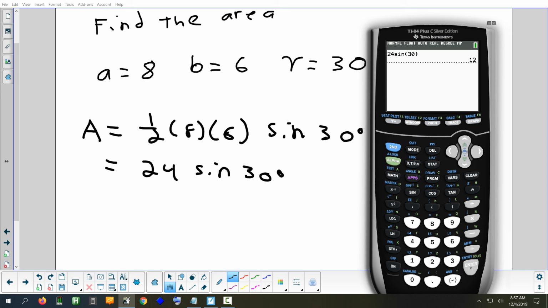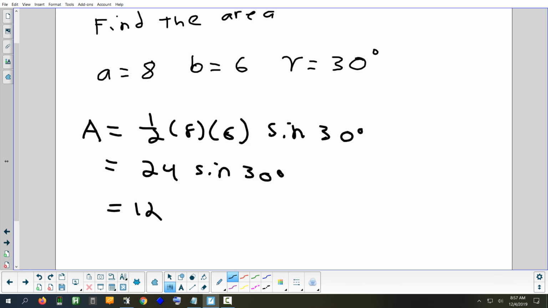Okay. Most of the time, the answer is not going to come out nice if you just pick a random angle. Like if you made this angle 31, I'd have to use a calculator to get the answer. But since it was 30, technically I could do that one without. Okay. So the area is 12, and what do I want to make sure I put on it? Yeah, units is in 1D or 2D? 2D, right?